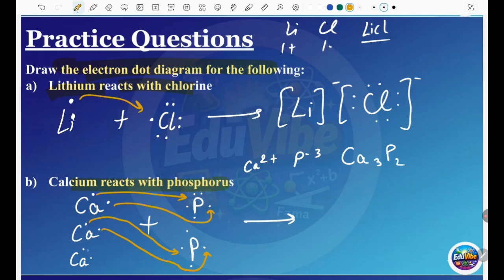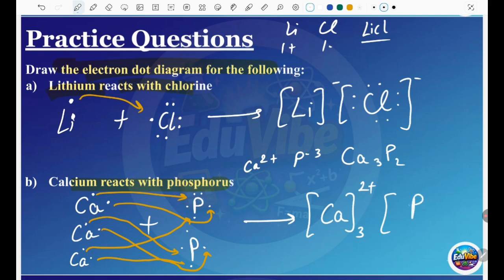So we get from the last calcium, so it goes there, this goes there. So all the valence electrons of all the calcium are transferred to the phosphorus, which will make our stable thing. So we have Ca, which is 3, and they transfer 2 electrons each, so it's 2 positive, and we have this stable now.